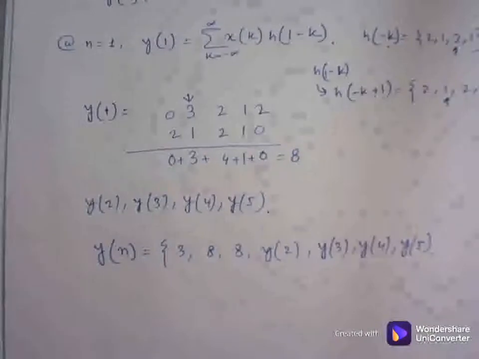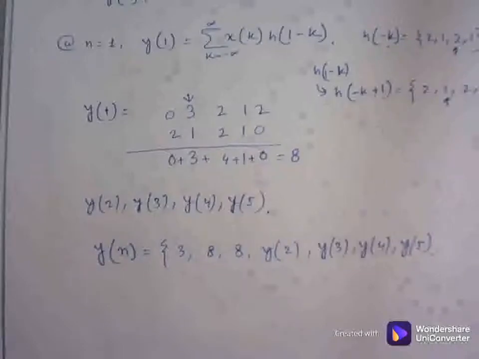The convolution is a very long process, so keep your mind cool and then calculate. Otherwise if you do any wrong step or any wrong calculation in any one step, then your entire equation will be changed. So to avoid this, always keep in mind that whenever you are doing any kind of long equation or long solution of any problem, first you have to keep your mind cool.